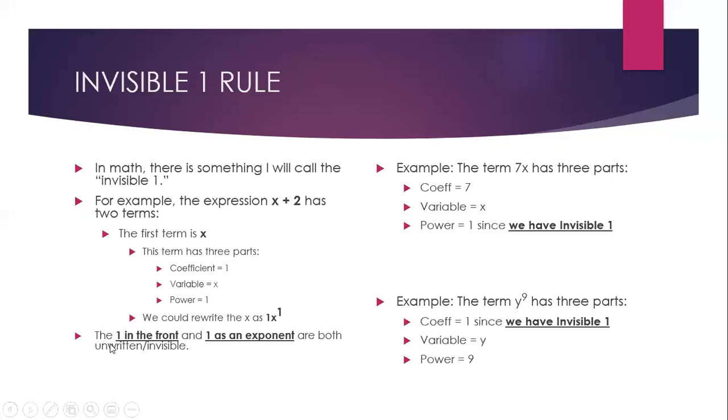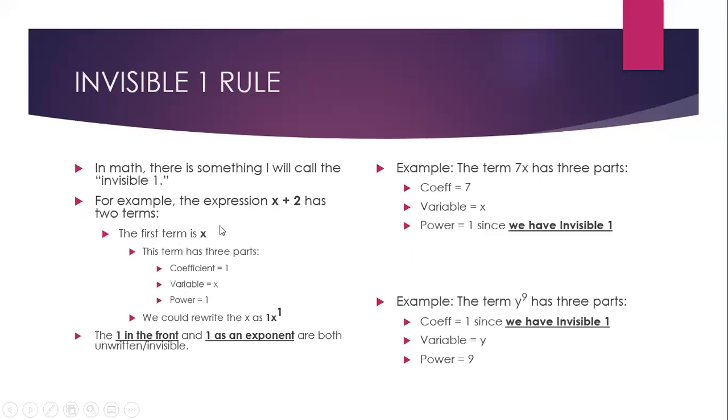So, for example, let's look at this example here. I have an expression, x plus 2. It has two terms. There are two terms in this expression. The first term is the x. So let's take a look at this x. This plus 2 is not interesting to me, but this x is really interesting.